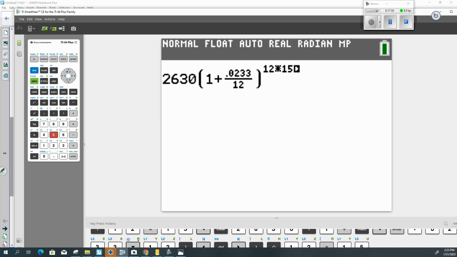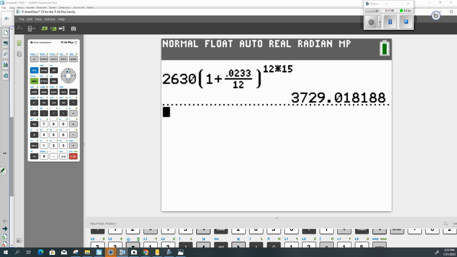But it took me a minute to not make any mistakes typing it in even. And then you round, all this is money, so make it look like money. Round to the nearest cent. $3,729.02. If I round to the nearest decimal place, the 8 rounds this up to a 2.